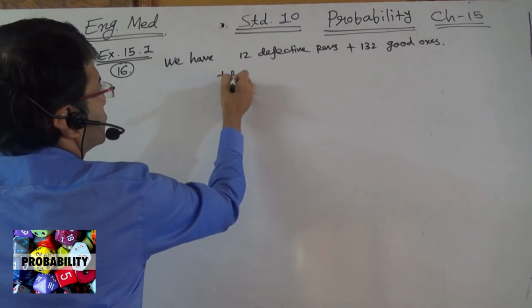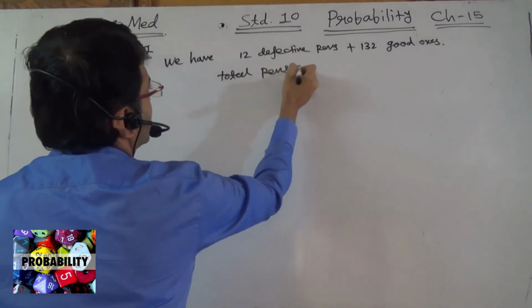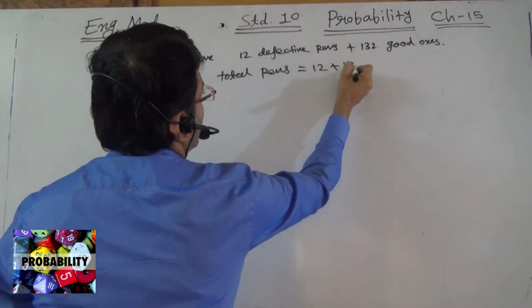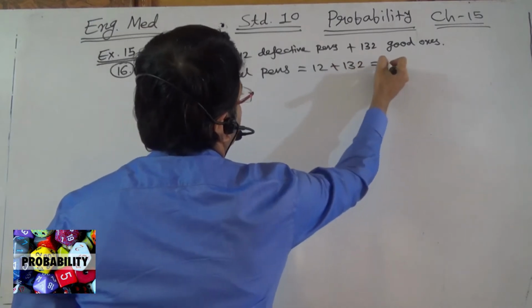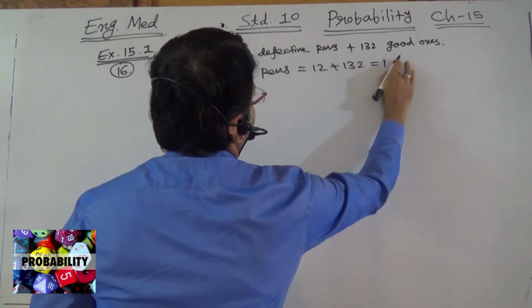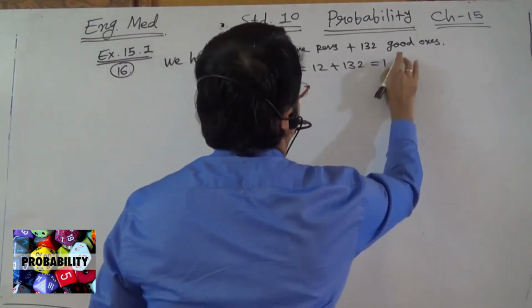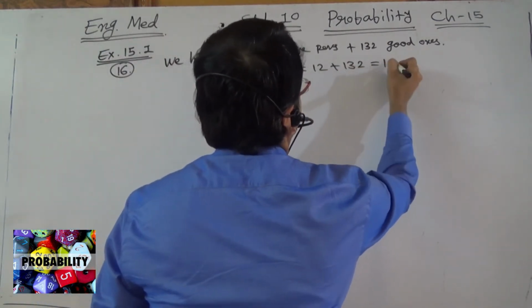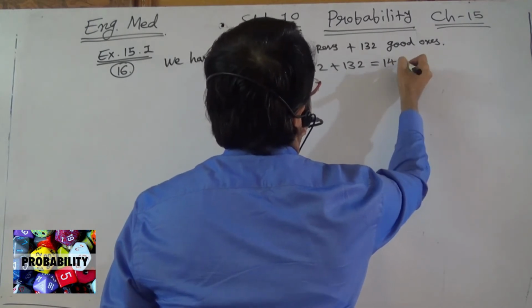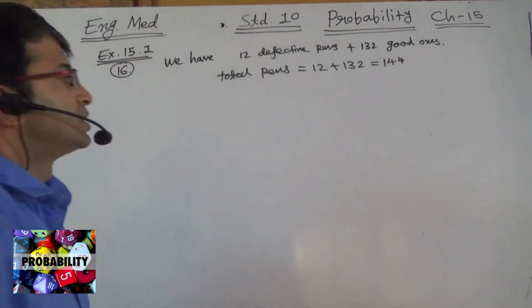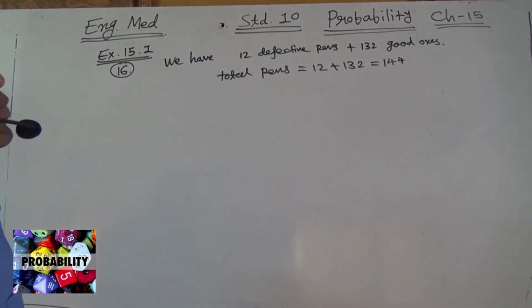So total pens equals 12 plus 132. It is 144. So 12 plus 132, it is 144.